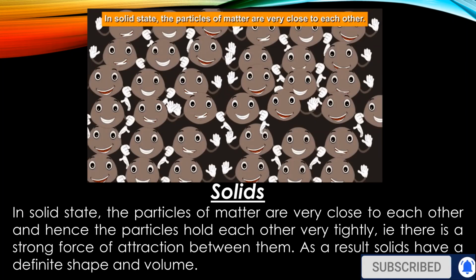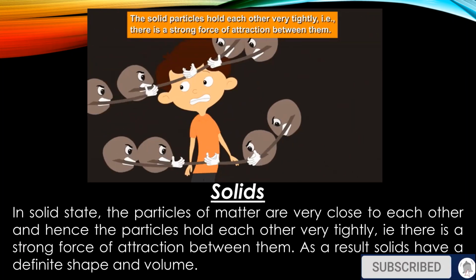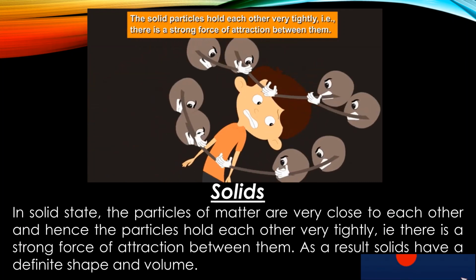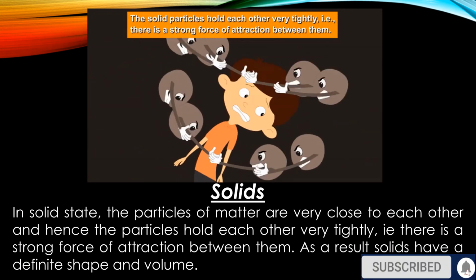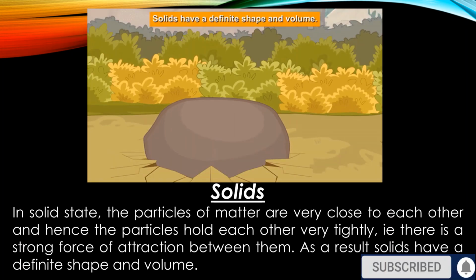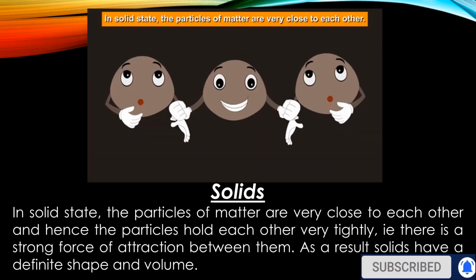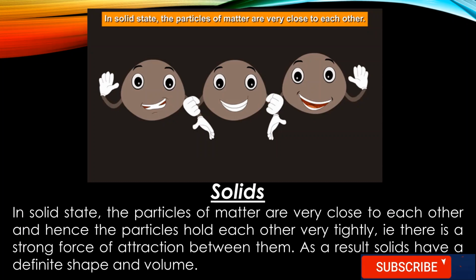As a result, solids have definite shape and volume. So we have seen solid is a state of matter in which there is a strong force of attraction between the particles which binds them together, and hence they have definite shape and volume.